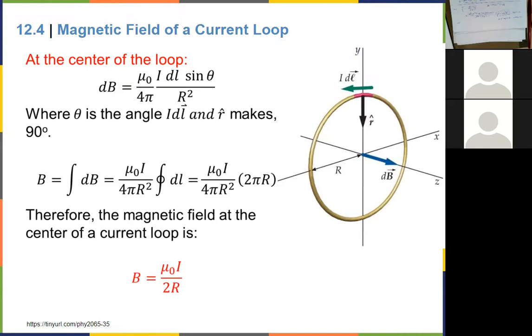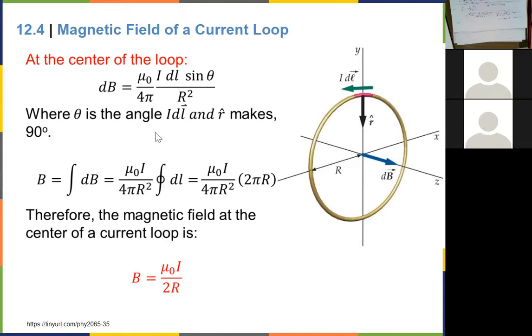Again, you start by taking a small portion from the loop, so you get the IDL there. IDL sine theta again is the direction with R and DL. But in this case, these two are perpendicular to each other, right? If you take a small portion, then sine theta goes away and becomes 1. Then you integrate through the loop.